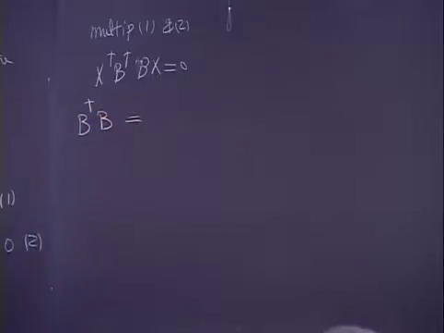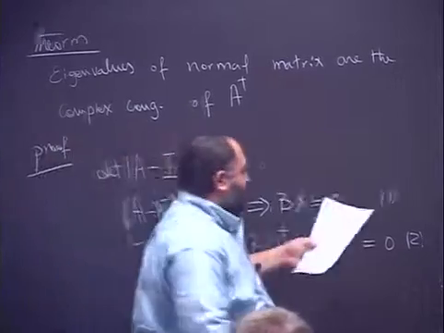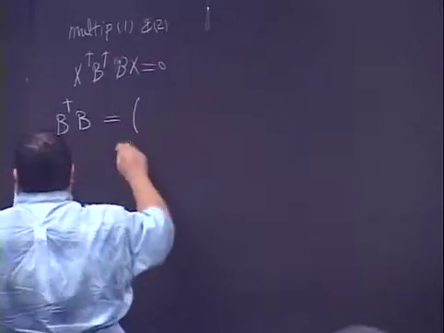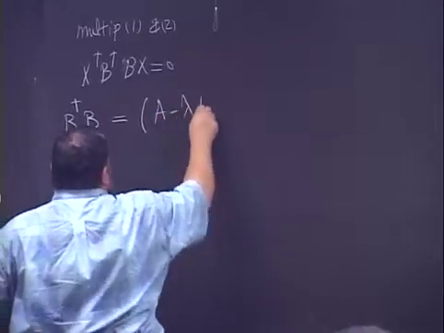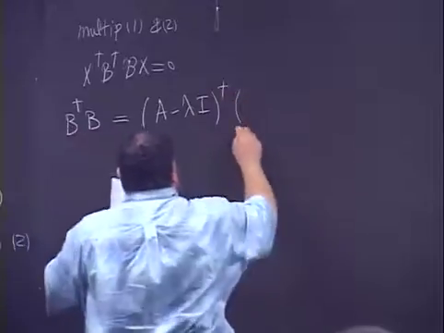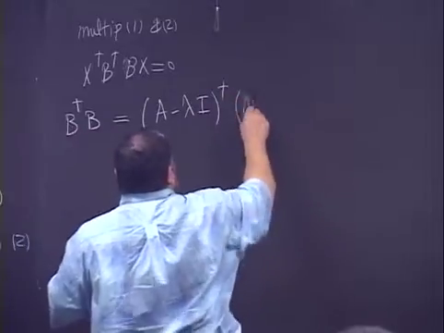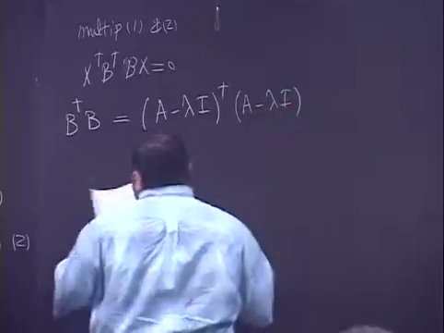We defined B to be A minus lambda I, so B adjoint B is A minus lambda I adjoint multiplied by A minus lambda I, just direct substitution.